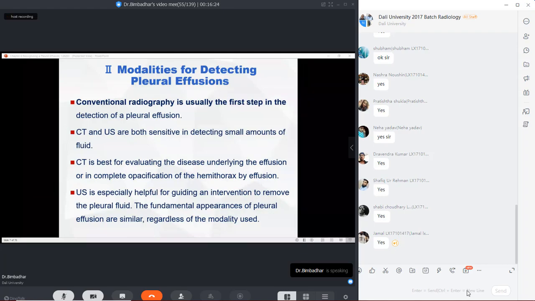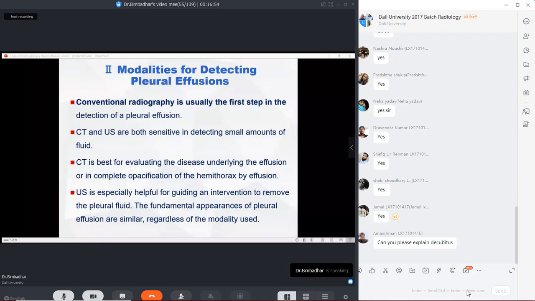What is a decubitus view? Let us say that the patient has a problem in the right pleural space. Let us say you are suspecting that the patient has a pleural effusion on the right side. So you want to investigate whether pleural fluid has accumulated there or not.